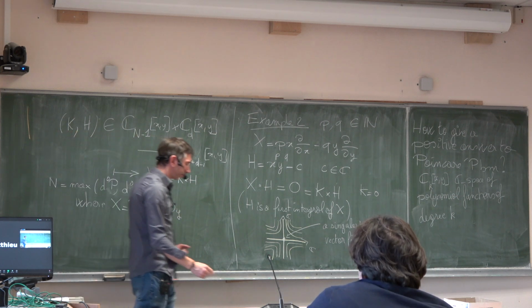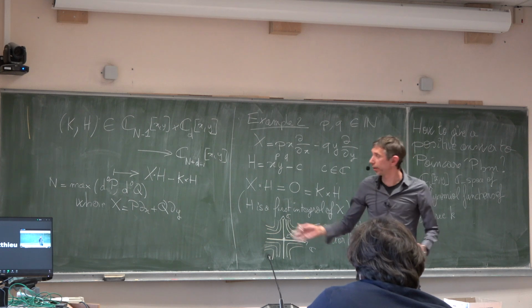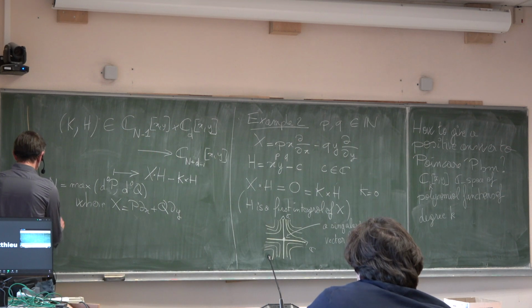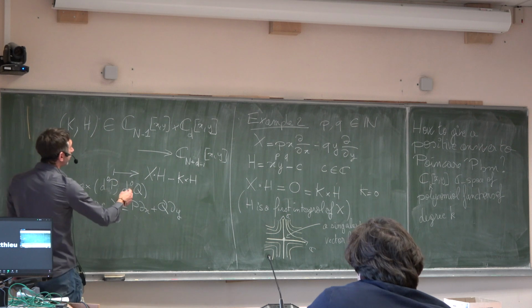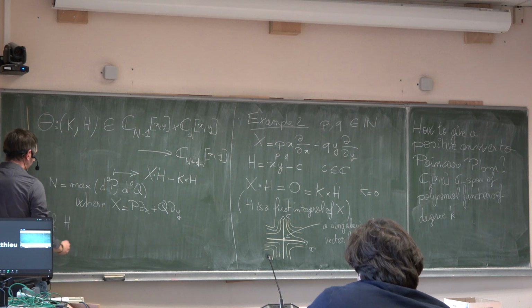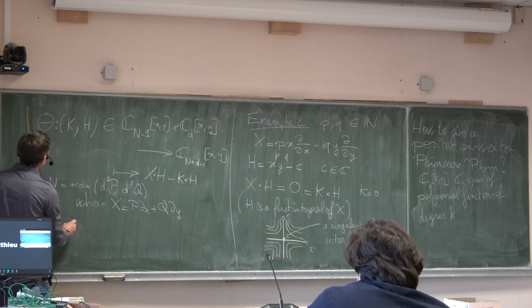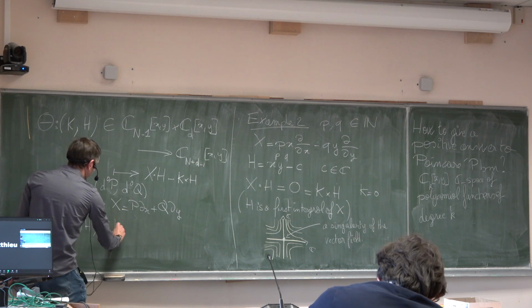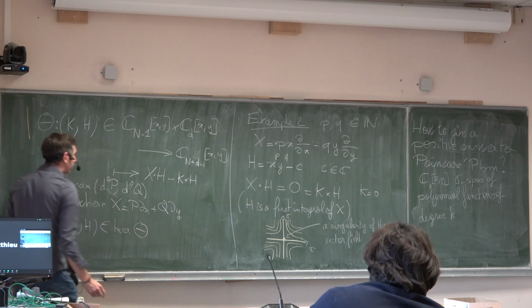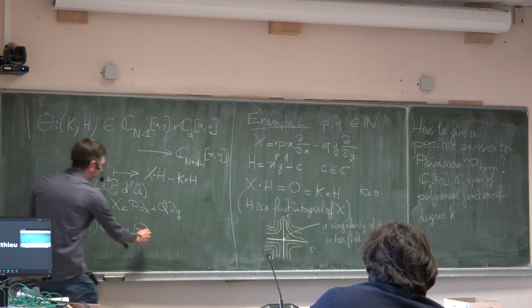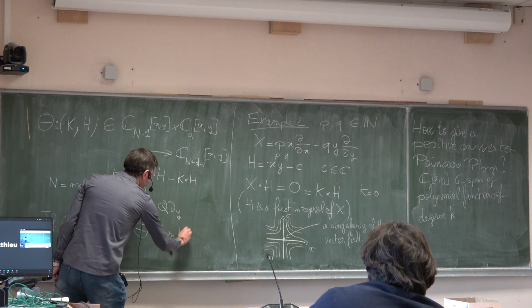So you see that now if I found something in the kernel, let's give a name to this map, theta. If (k, h) belongs to the kernel of this linear map, then you see that h equal to 0 is an algebraic solution.